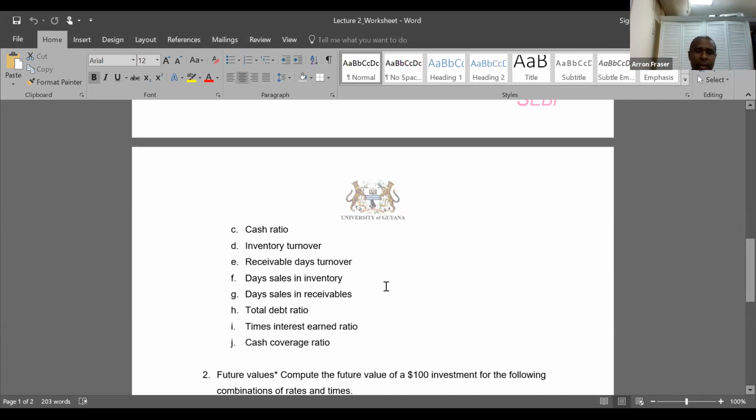All right, moving on to H. So total debt ratio. Total debt ratio is total assets minus total equity divided by total assets. So how much is total assets?